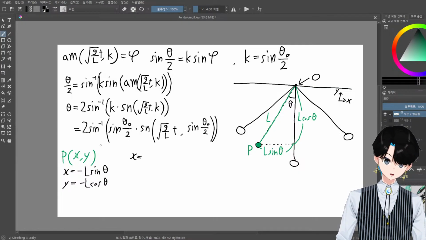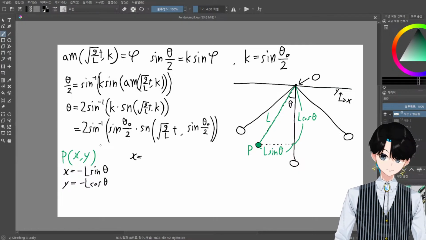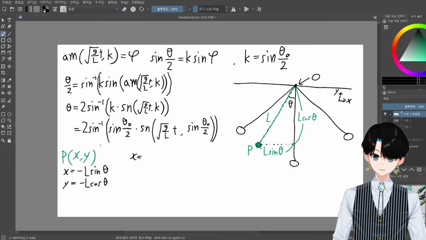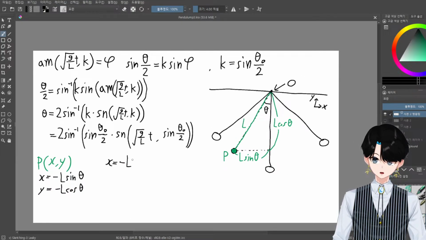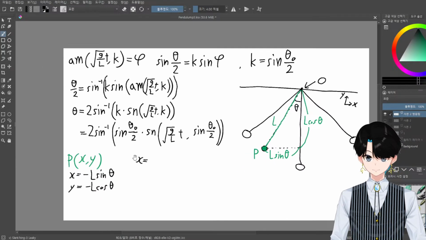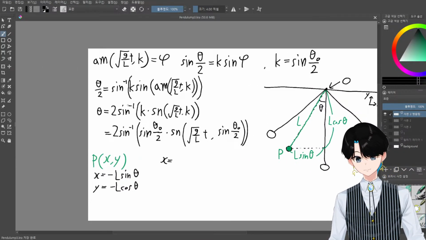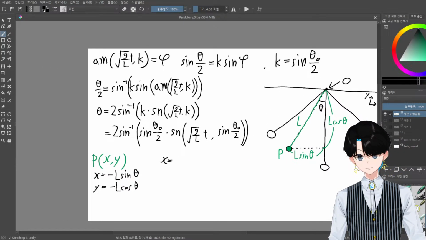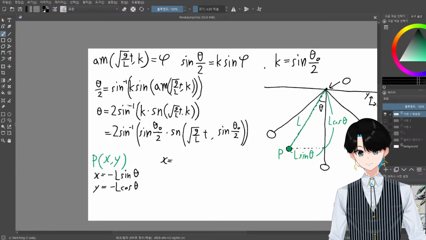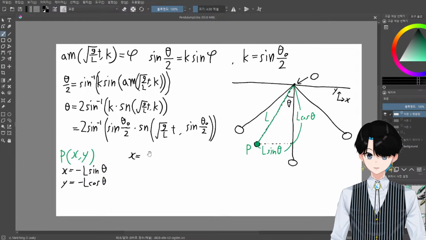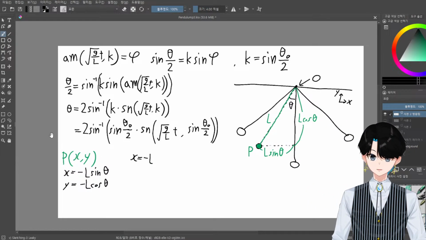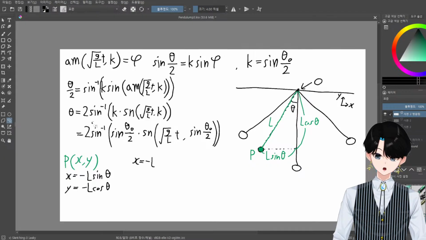Sine theta. Minus L, going to be minus L, and this whole giant thing.